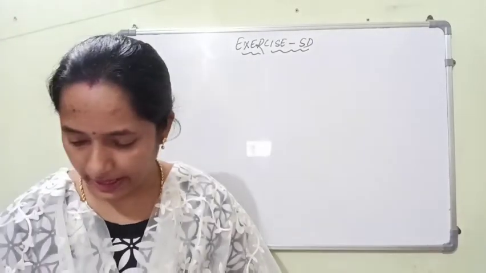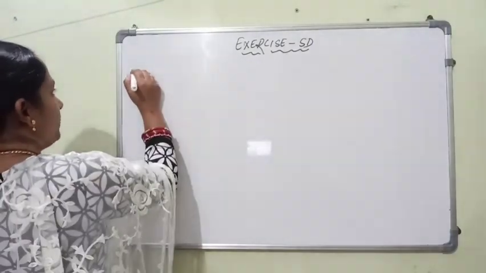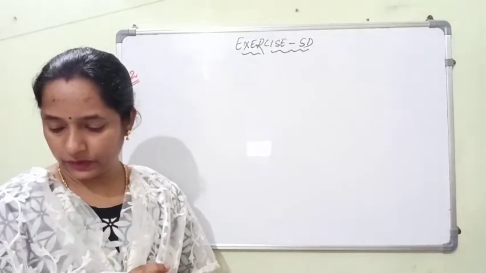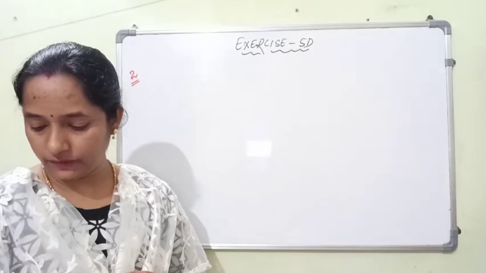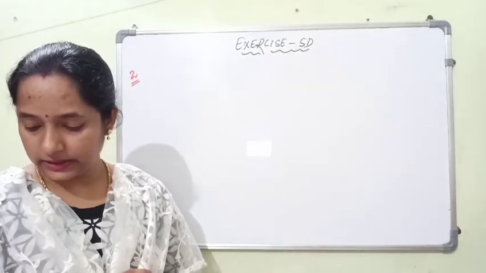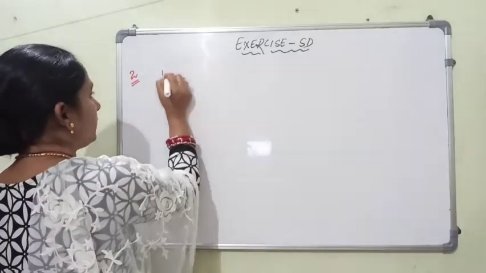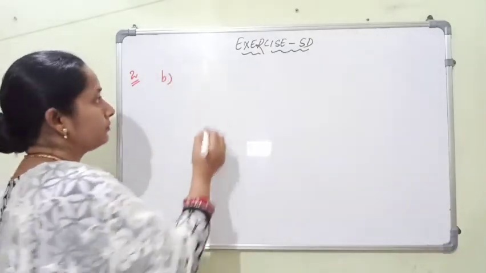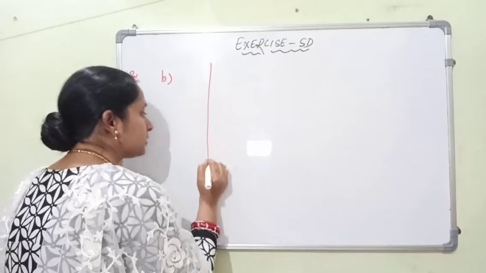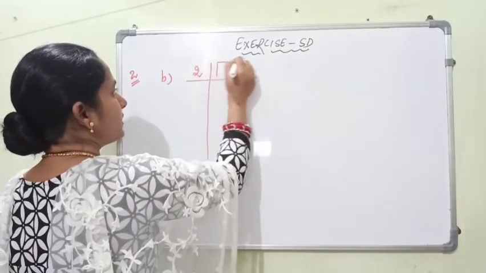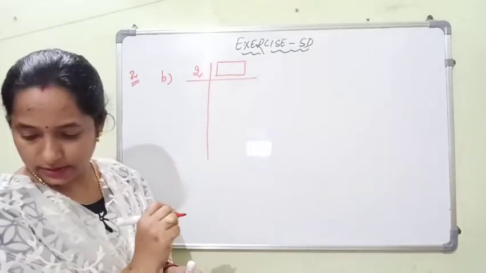So here we have question number 2. I am not writing the question, I am going directly to the parts. Which one shall I do? I am going for part B. So you are given like this, right? 2. This place is blank, isn't it?